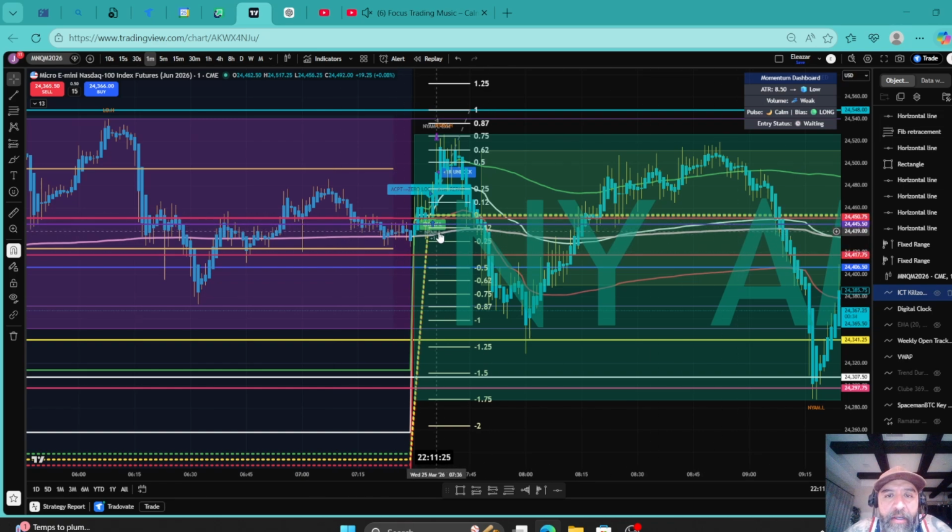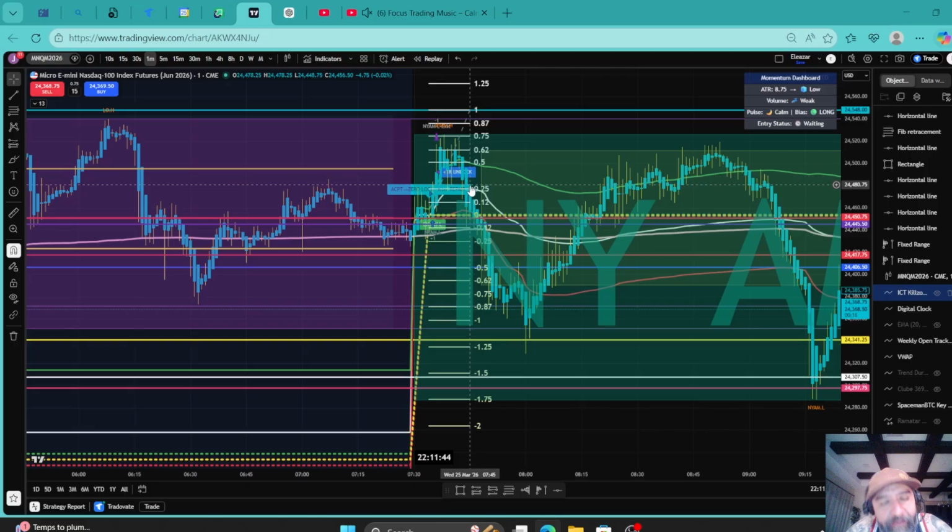Okay, and so what I notice here is that with these EMAs, when price is opening up in New York and it's in between these three bands, it's a no trade zone for me.